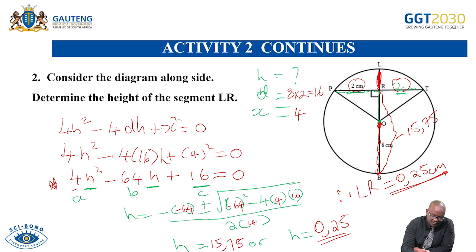And the one from R to L is 0,25 centimeter. If you add the 2 heights of the segment, the minor and the major, they are going to give you 16. And 16 is your diameter of that circle there.